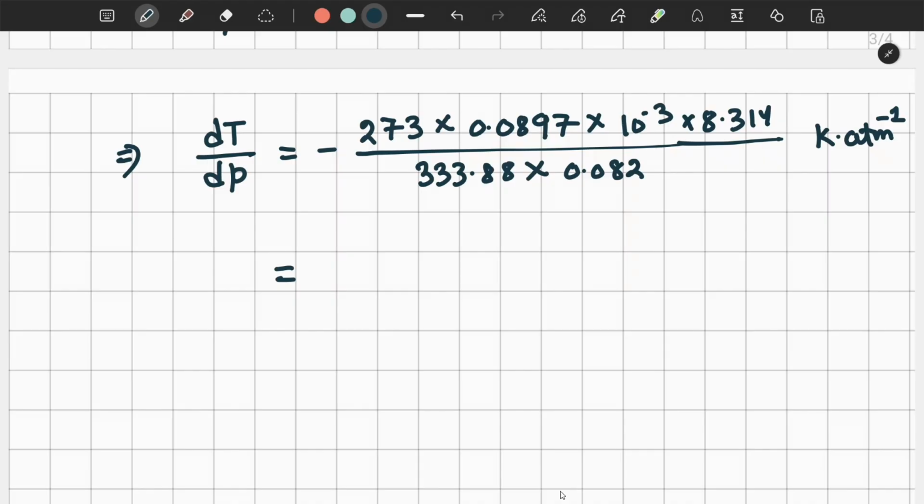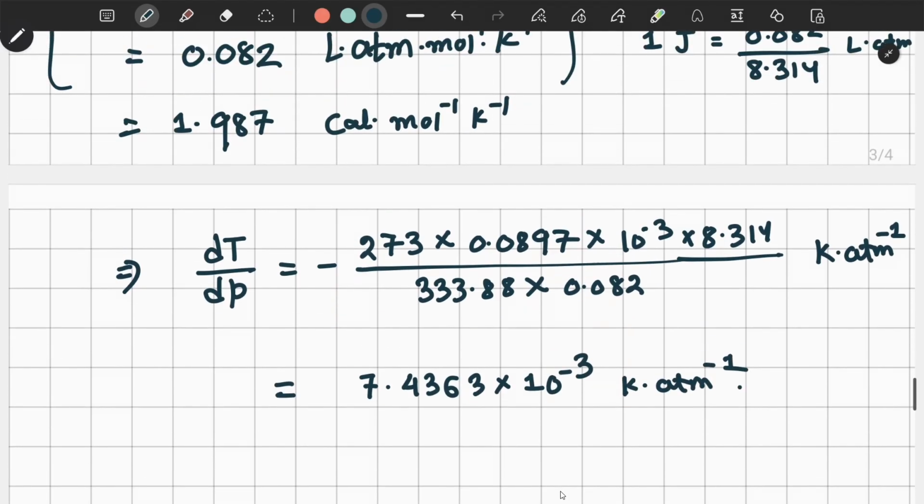7.436 into 10 to the power minus 3. Okay, just let me check. So it will be, so this will be the change.